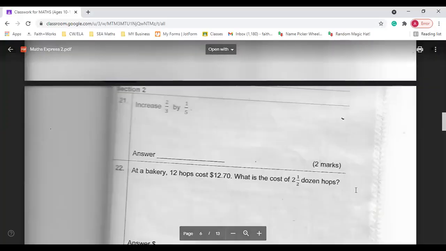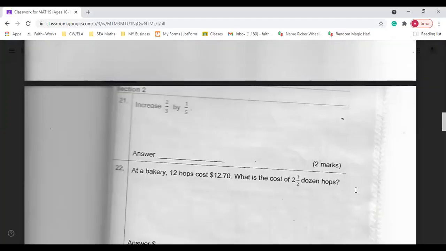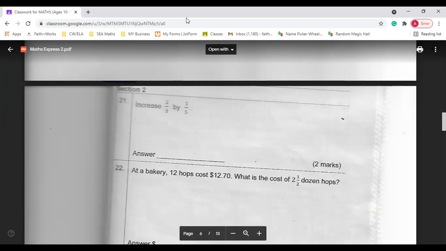All right, so here we have increase 2/3 by 1/5. With our worded problems, it's always easier to translate it or change it into numeric equations, right? So numbers, symbols, that's easier to recognize.